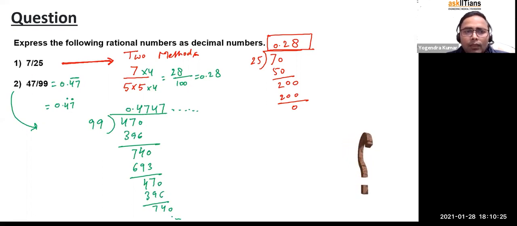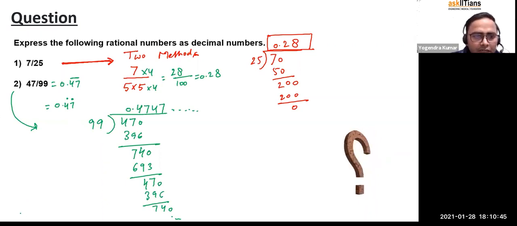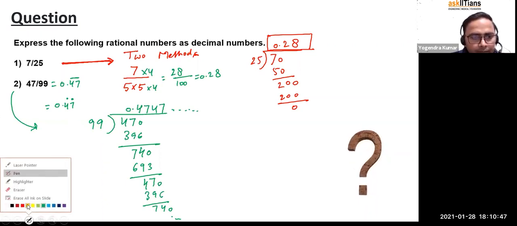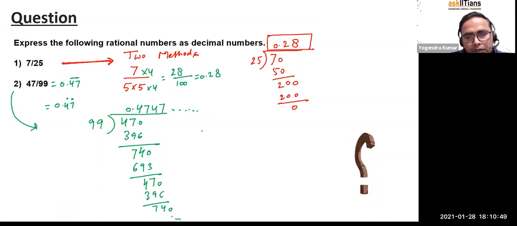Now the question might be: without doing long division, how can I verify whether it is going to be terminating or non-terminating form? So we can write a note here, and it is a very, very important note.